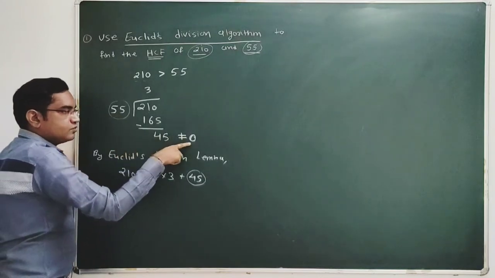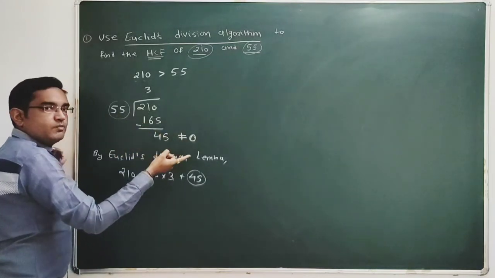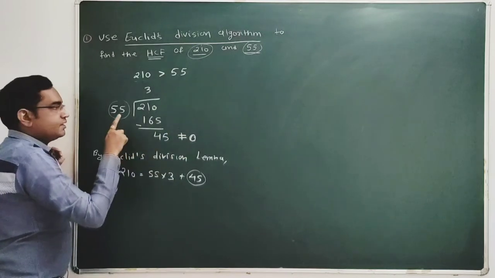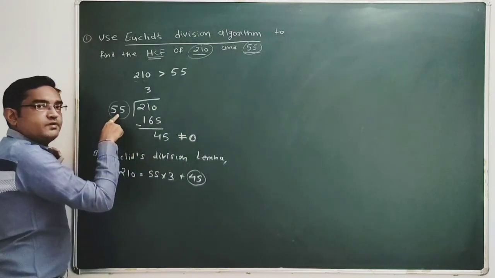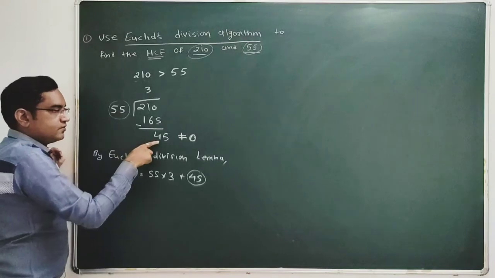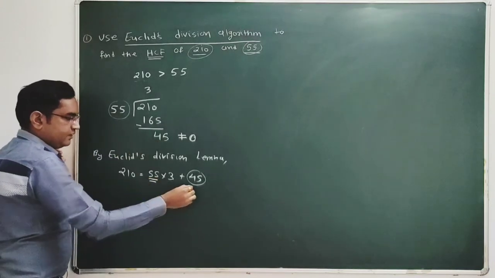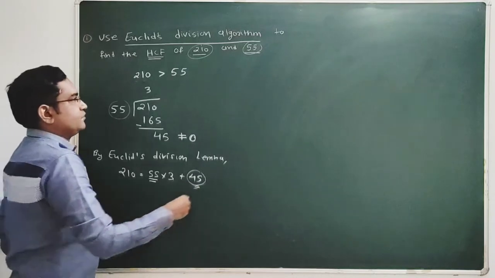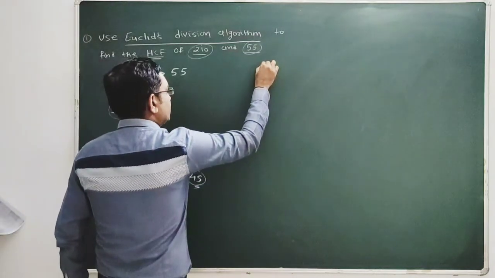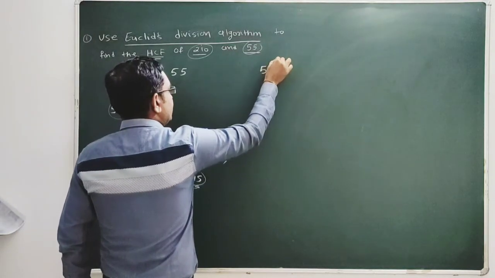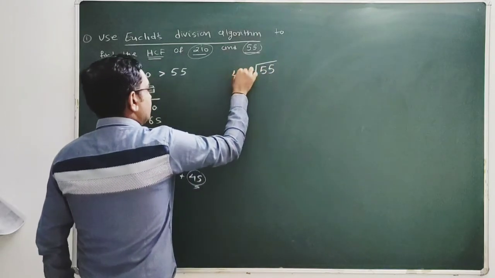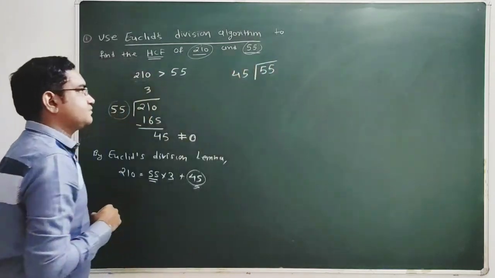As remainder is not equal to 0, so again we have to apply Euclid's division algorithm, in which we will consider this 55 as a dividend and this 45 as a divisor. So now we will divide this 55 by this 45.